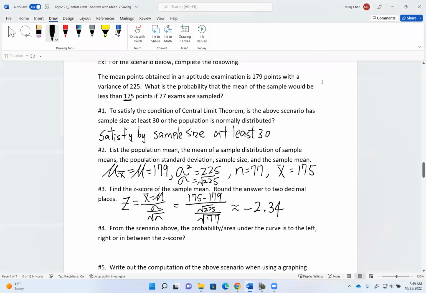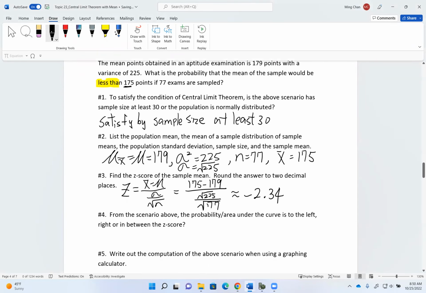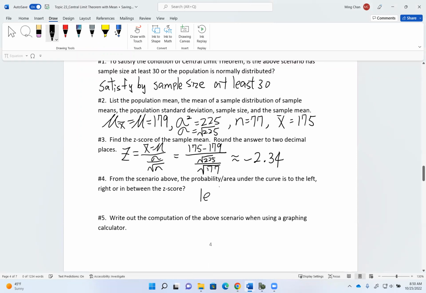All right, so this one says less than. So that means I'm looking for the area to the left. All right, so left of this negative 2.34.